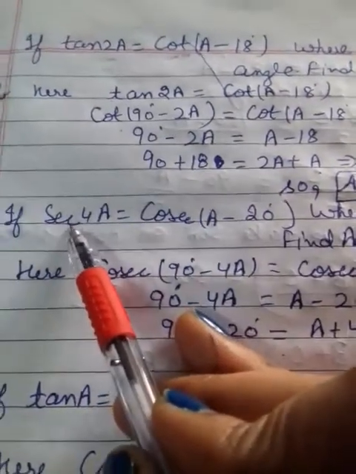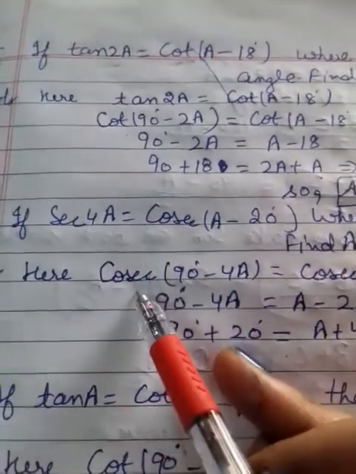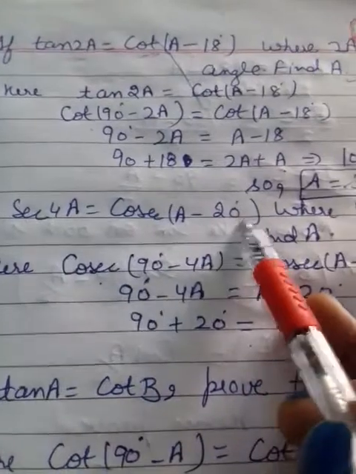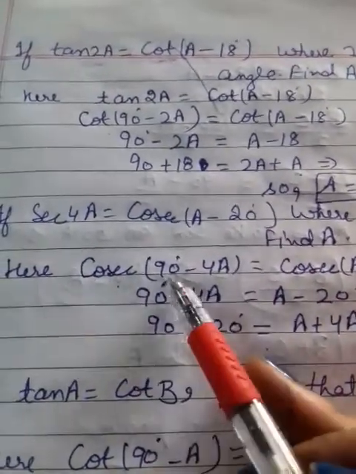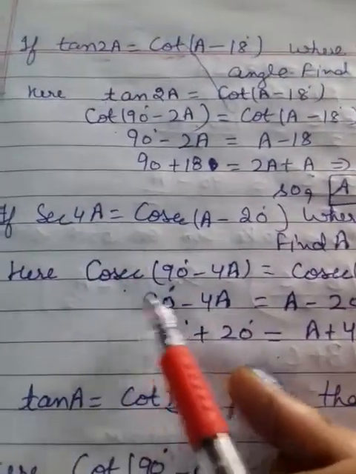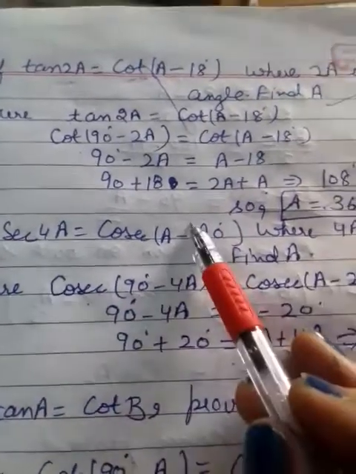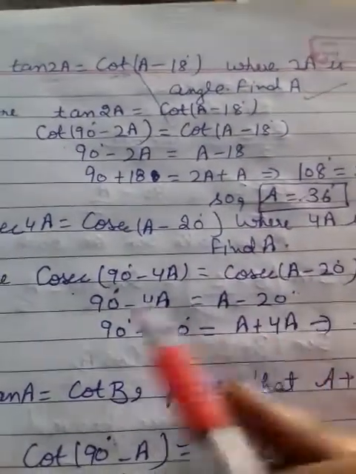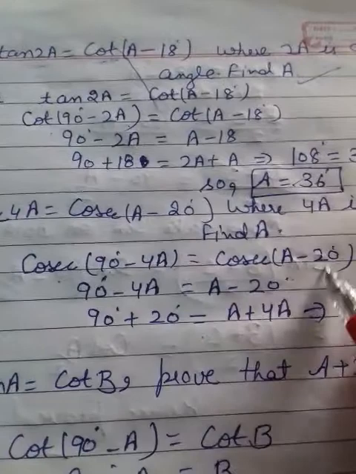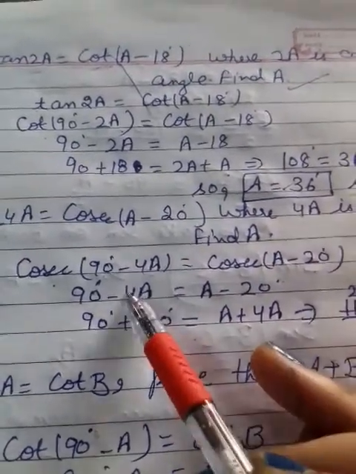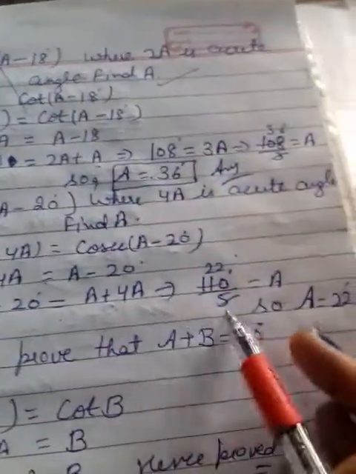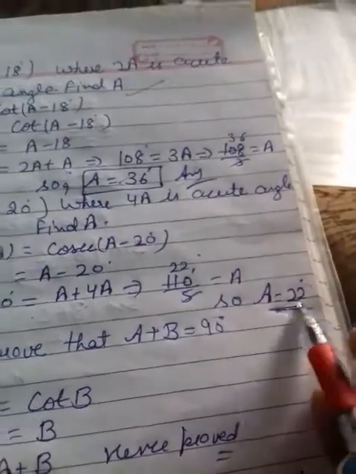I will change secant to cosecant. Why? Because this is the complicated function. So cosecant(90 minus theta) is secant theta, and I kept the other side the same. Cosecant will be cancelled. 90 with 20 and 4a with a I have shifted. So I got a is 22 degrees.